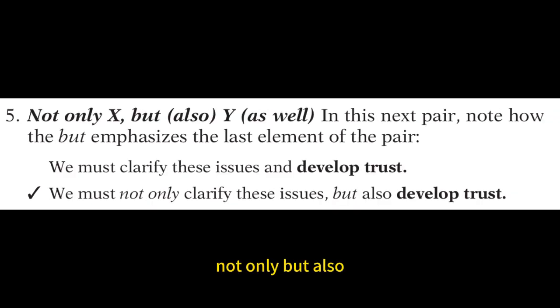Number 5, not only but also, an even more cliche is offered here. This structure, we know it since kindergarten perhaps. Keep in mind, not only but also, the emphasized part of this structure always lies with what? Not only or but also?